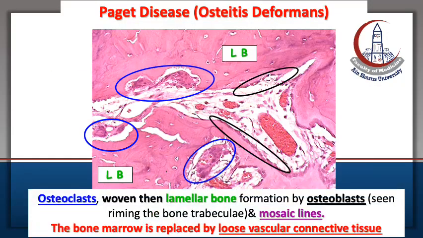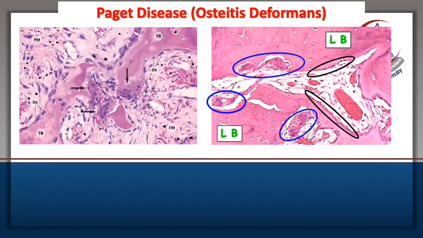As we see here is another photo. The arrows in the left photo are pointing at the osteoclasts, which are multinucleated cells, and in the right photo, osteoclasts are apparent inside the blue circles, while osteoblasts are apparent inside the black circles lining the bone trabeculae.